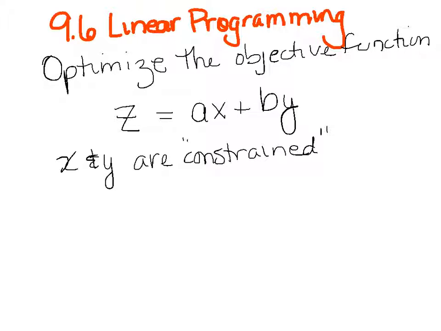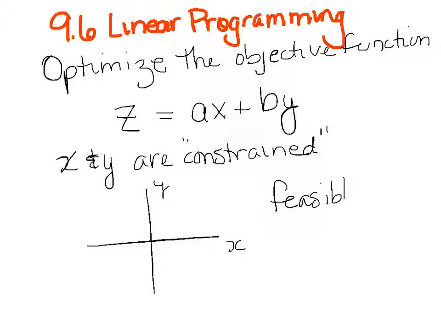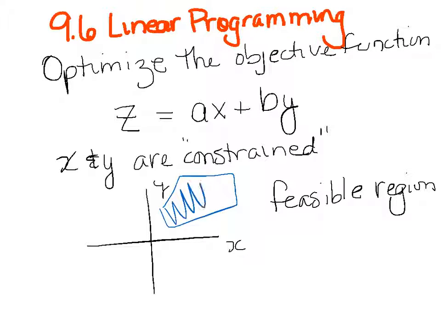When you look at the x and y plane, there's no z on this, you're just looking at x and y. And you come up with what's called a feasible region. So where are the regions where x and y could occur? You get, for example, just some shape, and in here are allowed values of x and y.